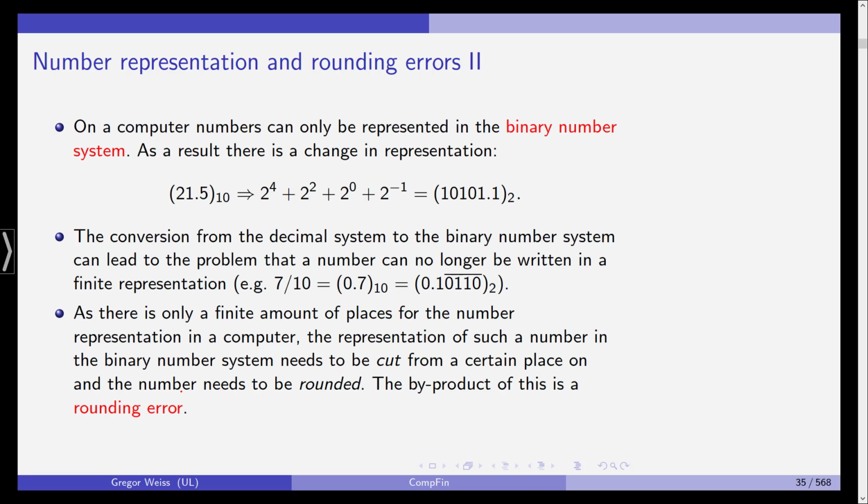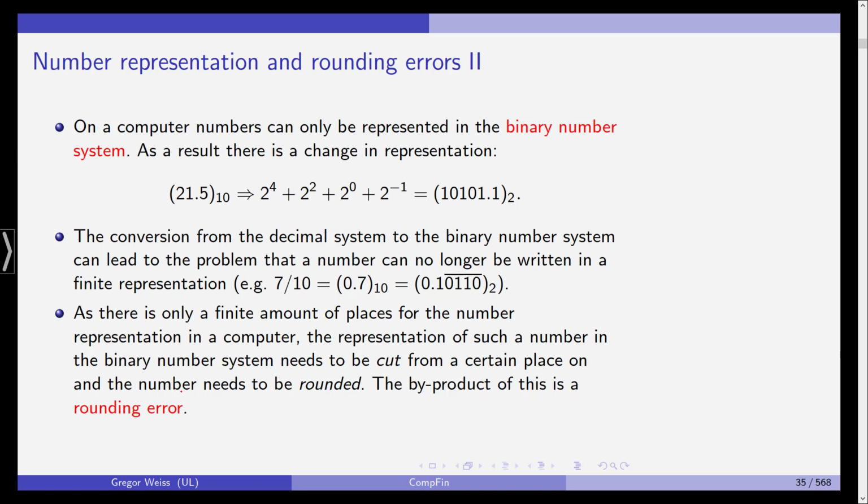For example, 21.5 has this representation in the binary system, 10101.1, and a seemingly harmless number in the decimal system, like 7/10 or 0.7, suddenly becomes quite harmful in the binary system. The finite representation of 0.7 now becomes 0.1 and then period 0110 in the binary system.